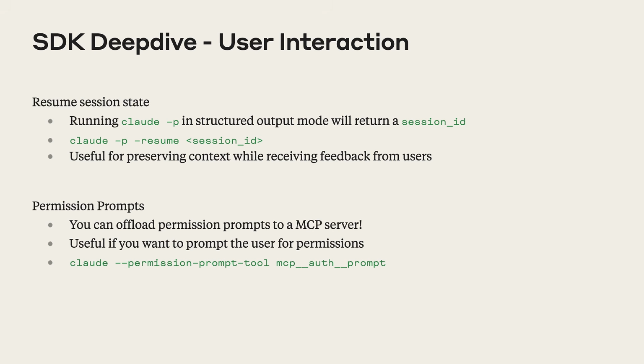We also have a few user interaction features built into the SDK. The first one is resuming session state. When you call claude -p in structured output or JSON mode, it's going to return a session ID.